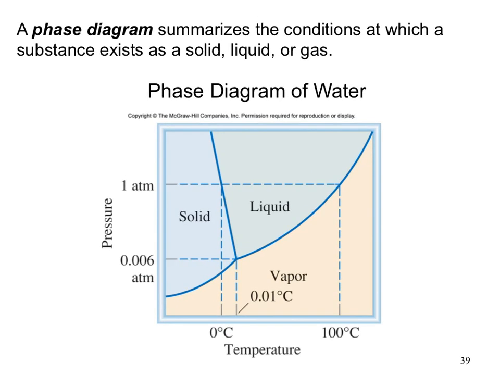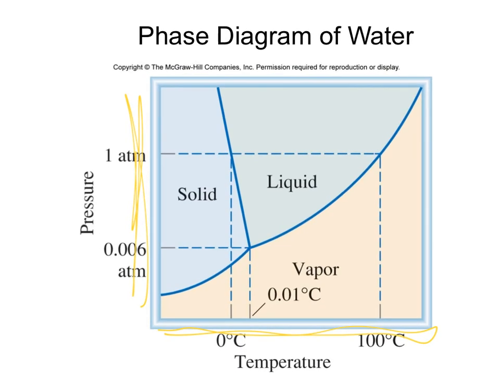Phase diagrams. I'm just going to hold it up. So phase diagrams, these things here, we have them for different substances, just like we have heats of fusion and heats of vaporization. The phase diagram shows you temperature is along the x-axis and pressure is along the y-axis. And you could use this to determine, hey, if I heat up this substance to 150 Celsius, or whatever the units are on the x-axis, what physical state can I expect it to be in?